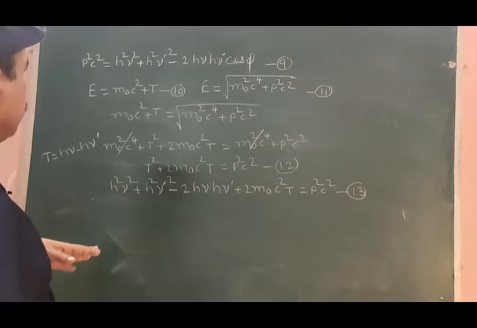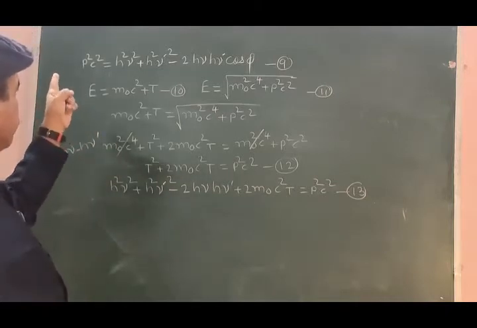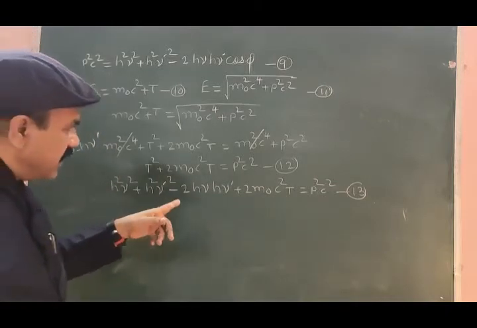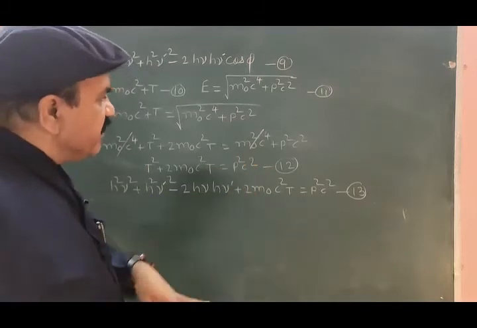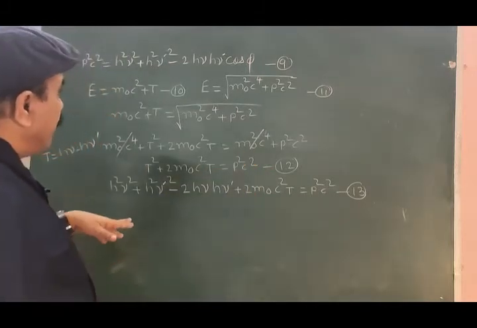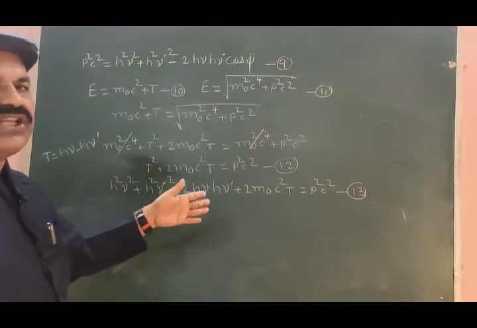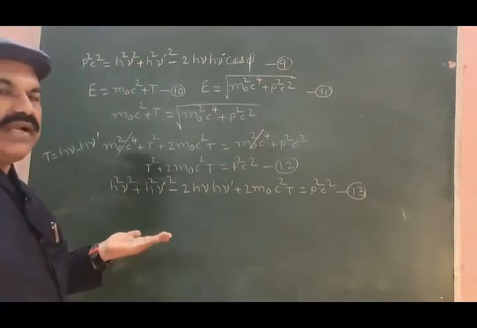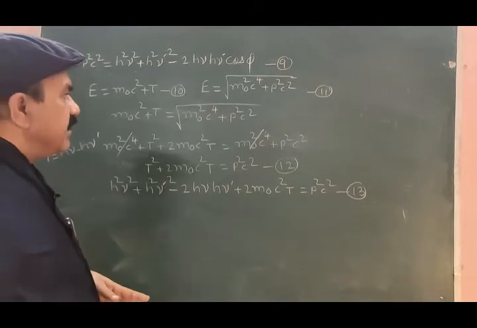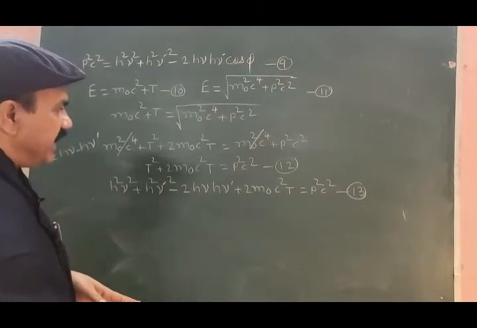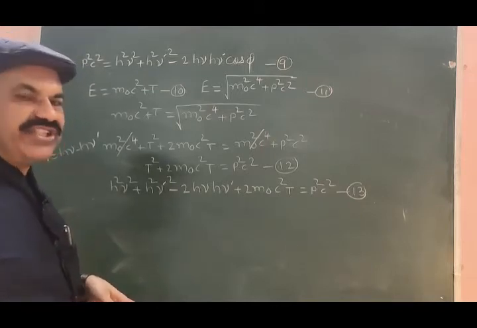What we find? LHS of 9 is p square c square, RHS of 13 is p square c square, and therefore RHS of 9 and LHS of 13 should be the same. So, let us equate RHS of 9 and LHS of 13.